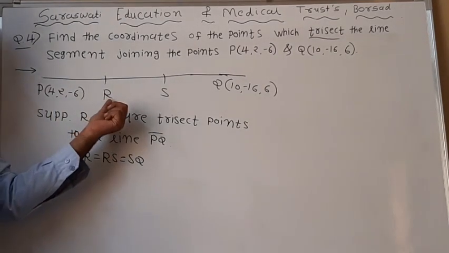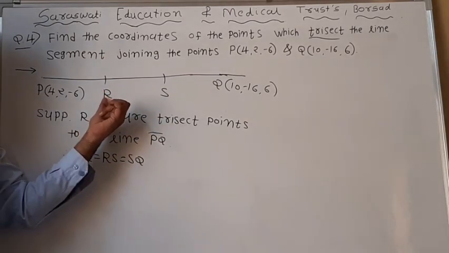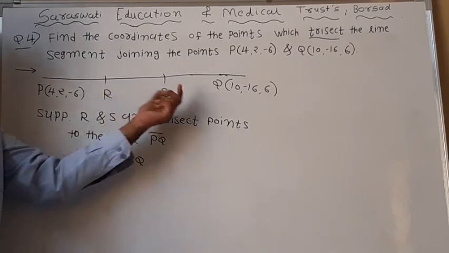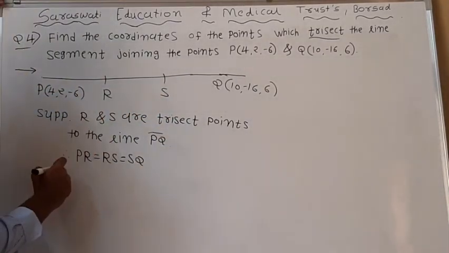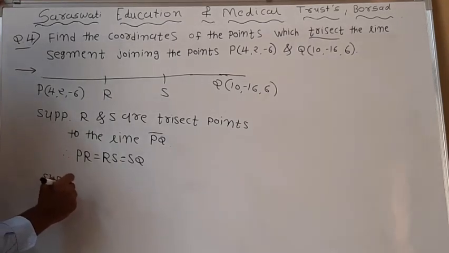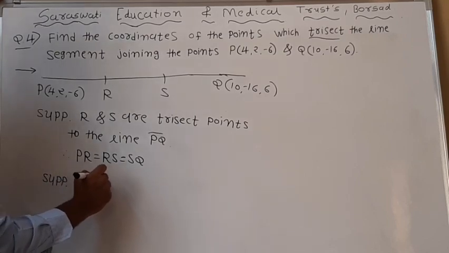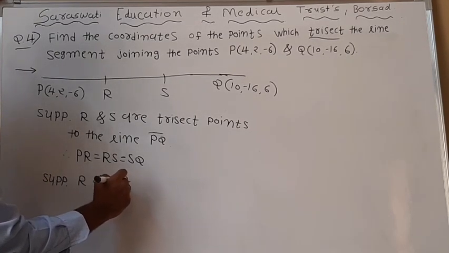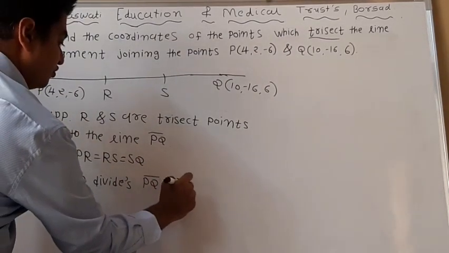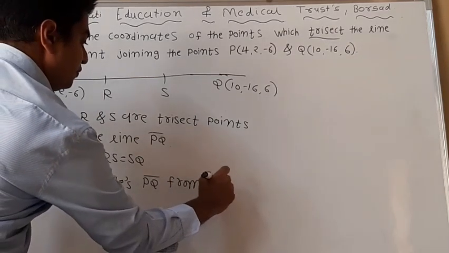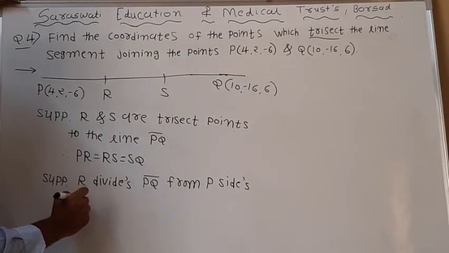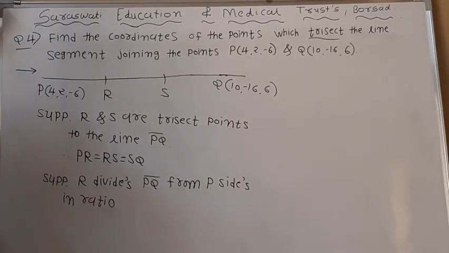Now how can we find out? Our question is to find the coordinates of R and the coordinates of S. So how can we find the coordinates of both these points? First of all, suppose R divides line segment PQ from P side in a ratio.